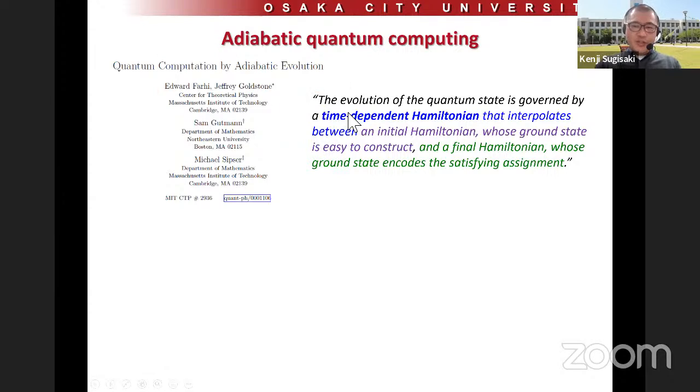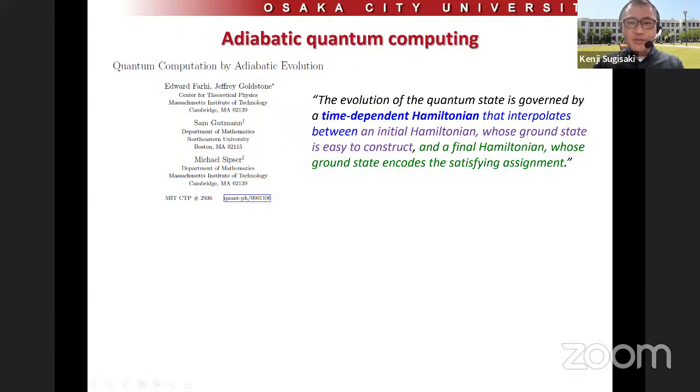The evolution of the quantum state is governed by a time-dependent Hamiltonian that interpolates between an initial Hamiltonian whose ground state is easy to construct, and a final Hamiltonian whose ground state encodes the satisfying assignment. In this paper they refer to the ground state, but basically this can be any eigenstate.